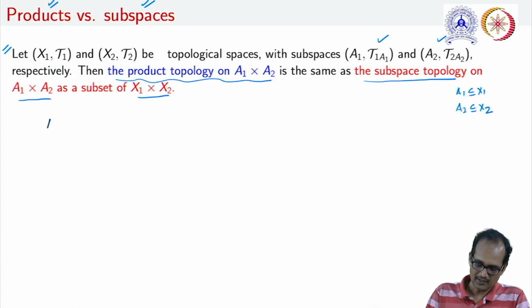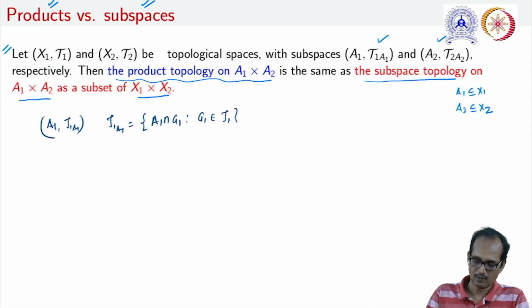Note that when we are talking about A1 with the relative topology on it, this relative topology will be given as A1 intersection G1, where G1 belongs to topology τ1. Similarly, for the subspace (A2, τ_A2), the topology is given as A2 intersection G2, where G2 belongs to τ2.